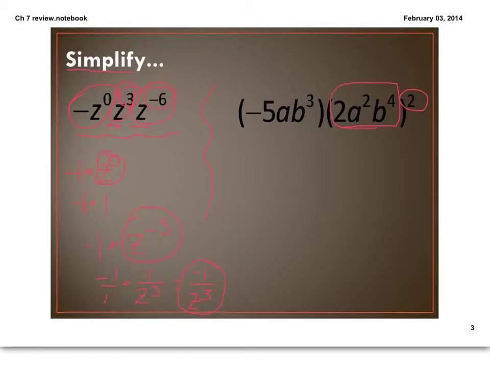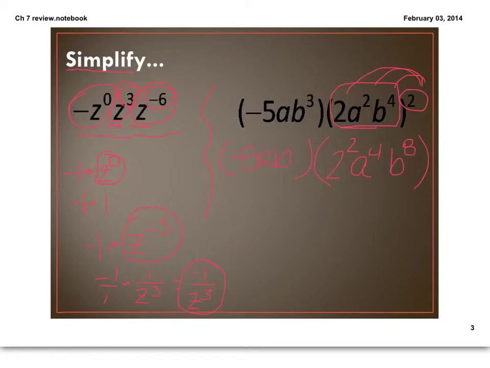Okay, so we all know that the quick way to do it is to just distribute and raise everything to a power, in which case this would be 2 squared times a to the 4th times b to the 8th power. Because again, what do we do when we take powers of powers? We multiply.